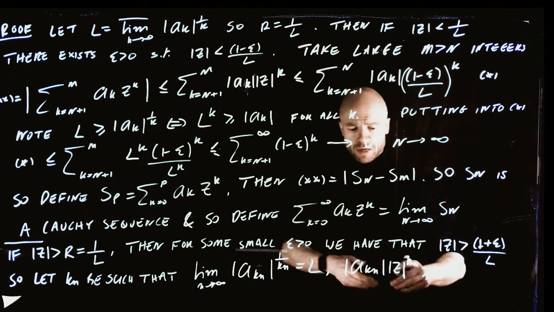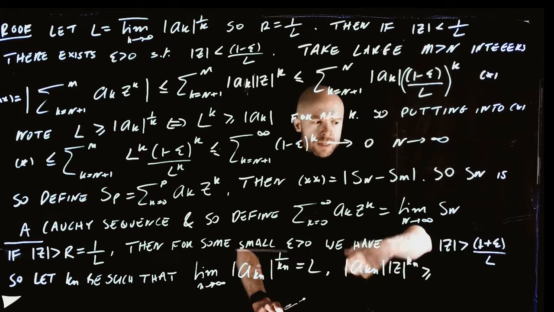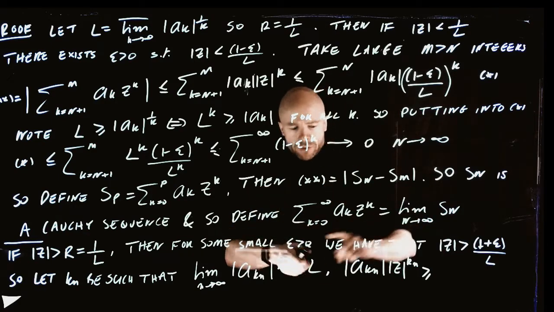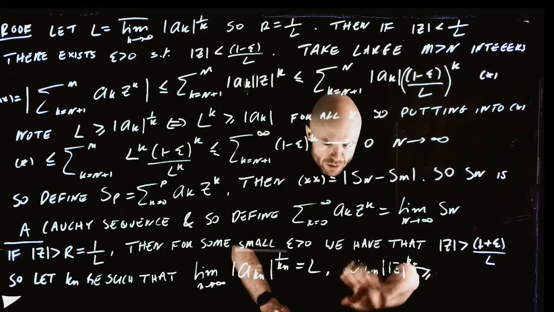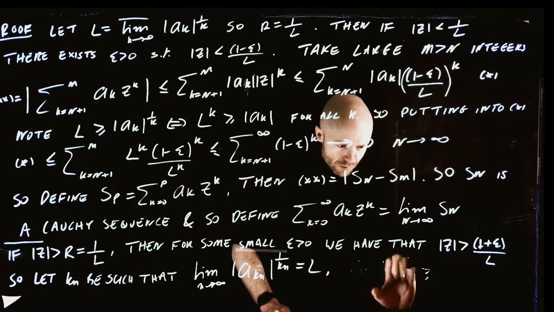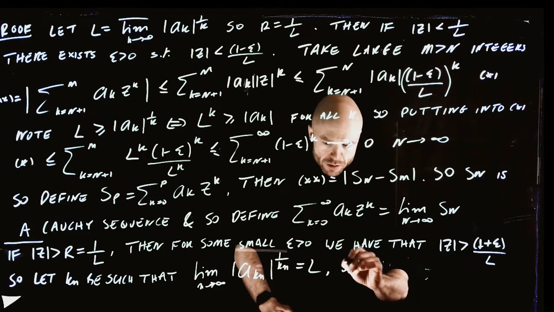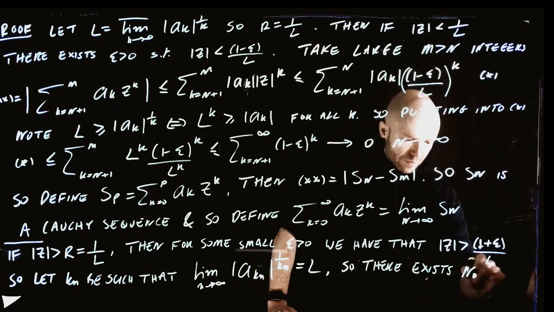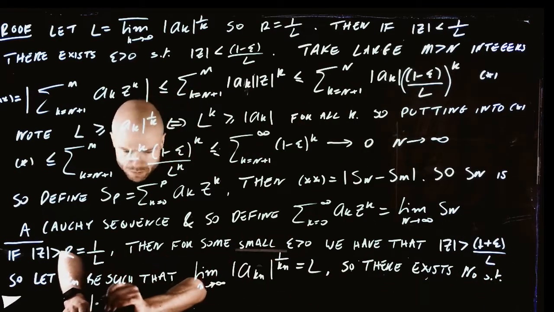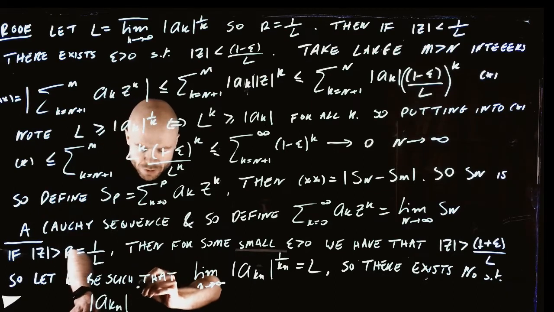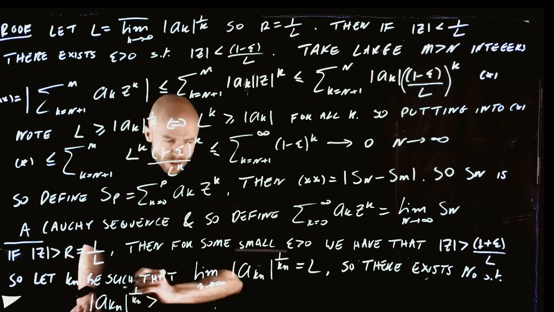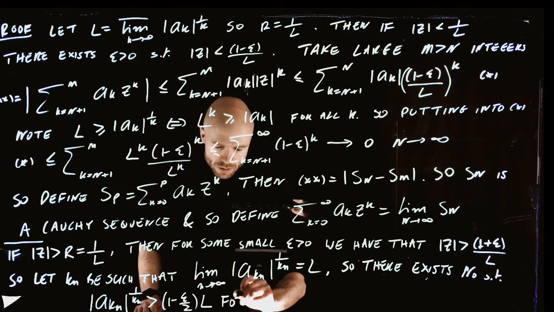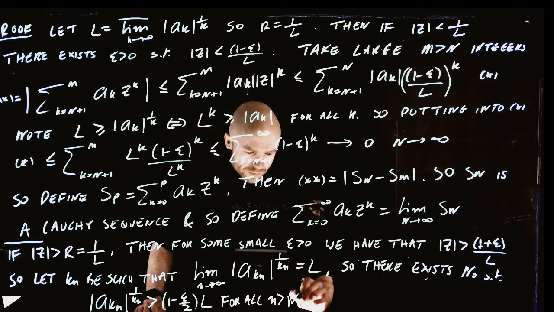So in particular, we can find some large enough n such that this thing is bigger than (1 minus epsilon over 2) times L. So there exists some n_0 such that |a_{k_n}| to the 1 over k_n is bigger than (1 minus epsilon over 2) times L for all n bigger than n_0, just by definition. Yeah?